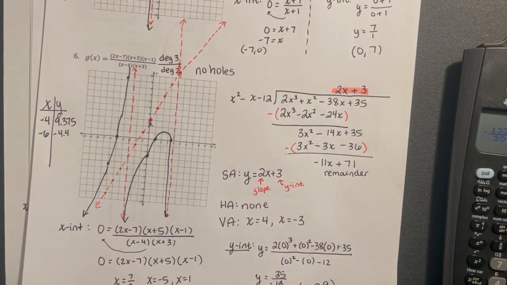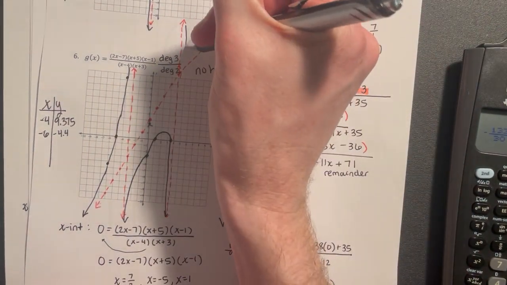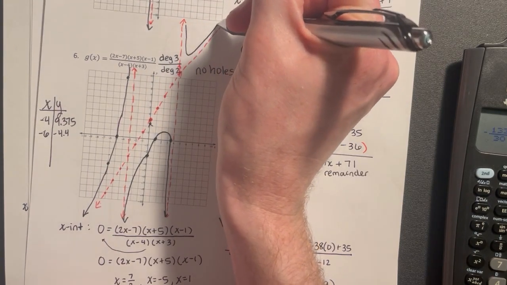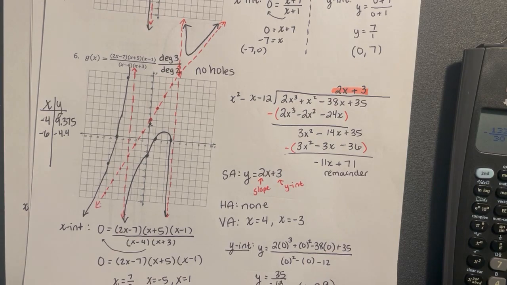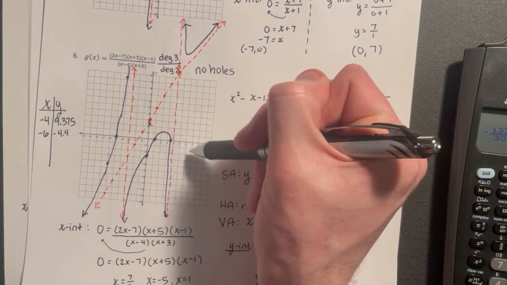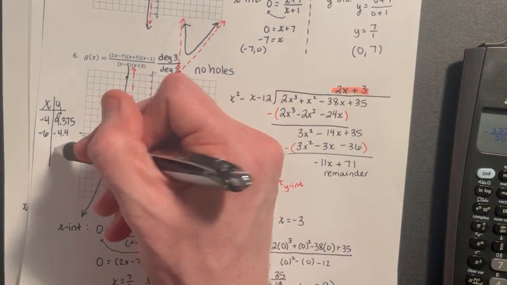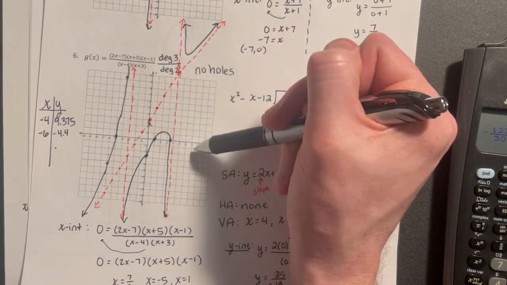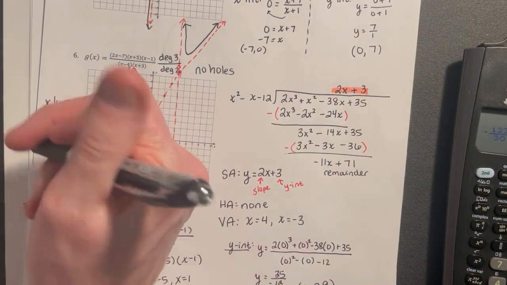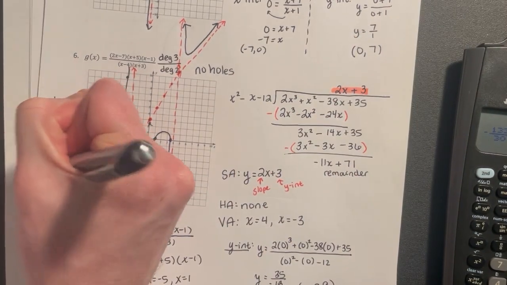So there is a section over here that we just are missing, and it goes something like that. I would make more points by doing another table and just seeing what happens when x is 5, maybe 6 and 7, and that would give us the other points to plot.